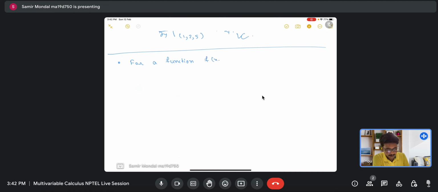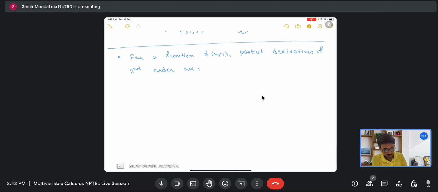For a function f of x, y, partial derivatives of second order are as follows. For f of x, y, at first we will do the partial derivative with respect to x, then again we will do the partial derivative of that function with respect to x. This is del f del x, so we will get del 2 f del x square.